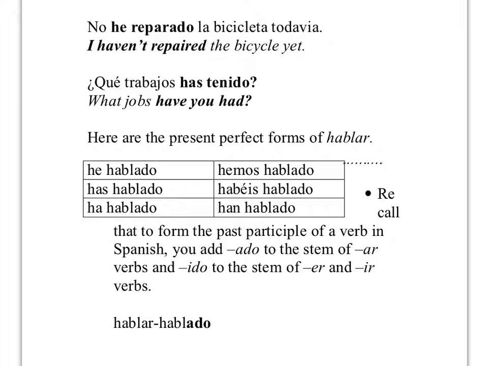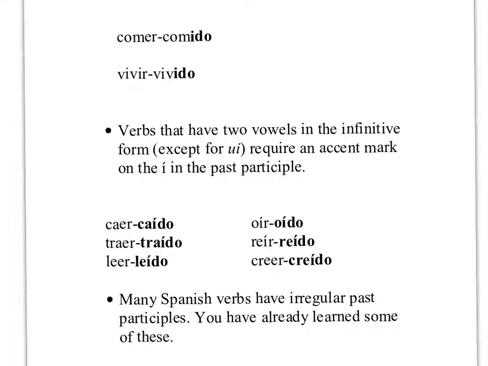For example, if you had the verb hablar, you have an AR verb, chop off the AR and add ado. For an ER verb, you would chop off the ER and add ido, comido. For IR, you chop off the IR and add ido again, bebido.